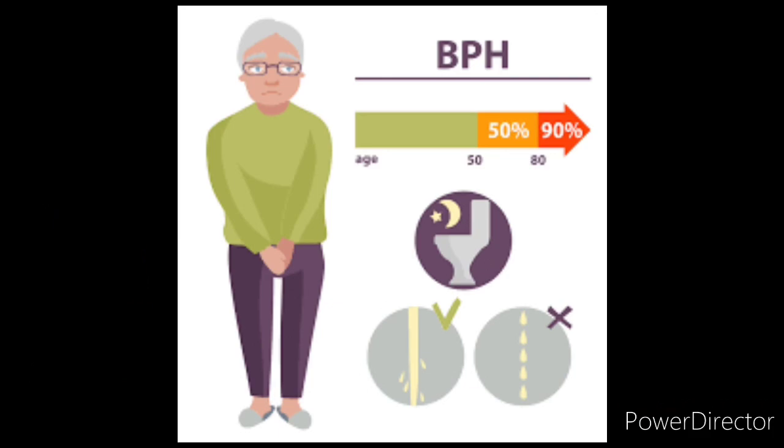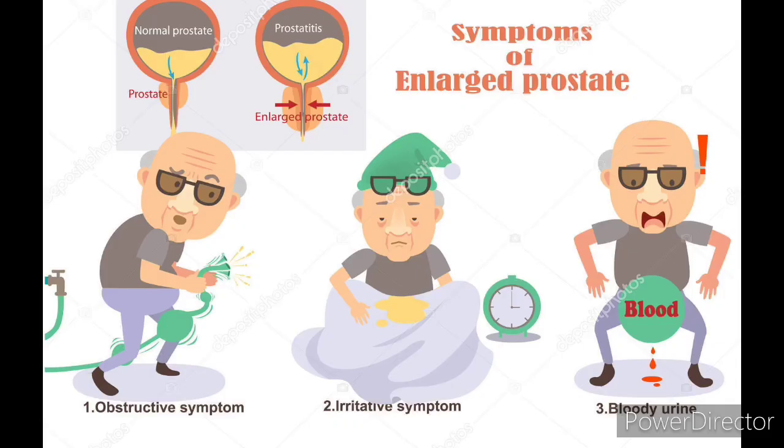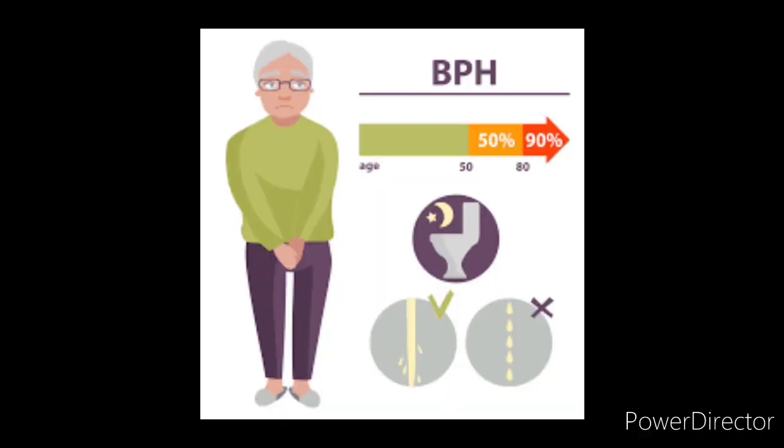What is the pathophysiology? Let me take you back to the normal physiology and the normal growth of the prostate gland. As a man matures, the prostate gland goes through two main periods of growth.